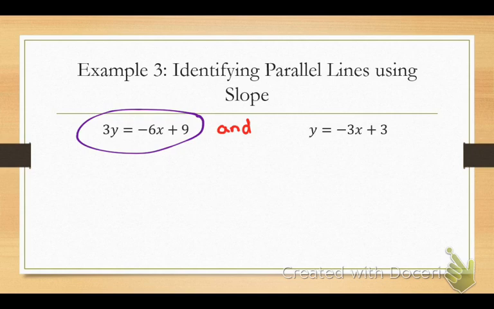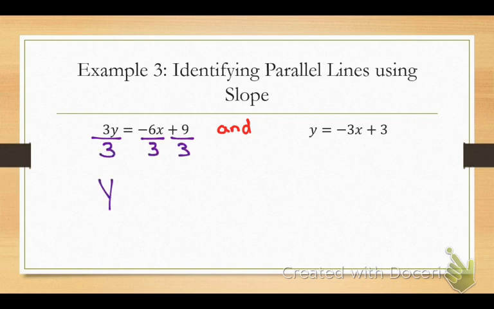Again, this is something that we've learned, across the entire equation. Did you write it down? To solve for y, Sarah, what are we going to do? Very good. Divide everything by 3. And that's how I get y by itself. Now y equals what?